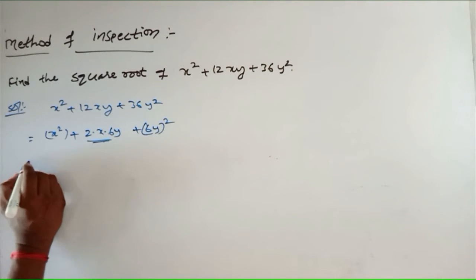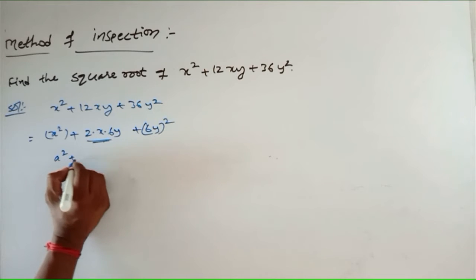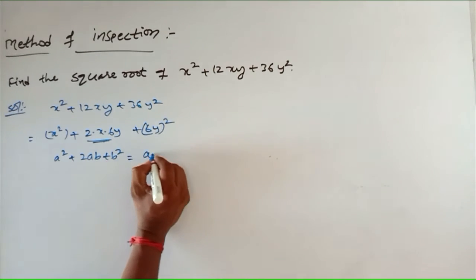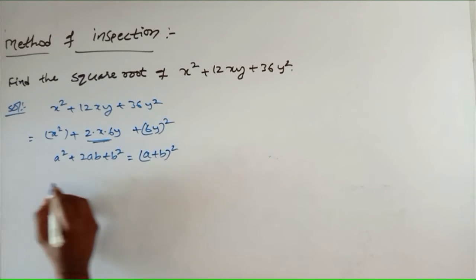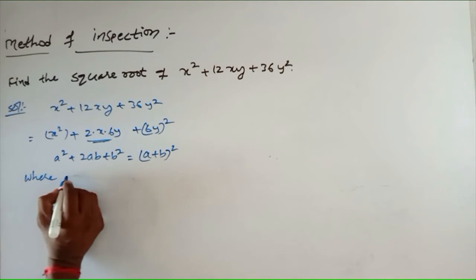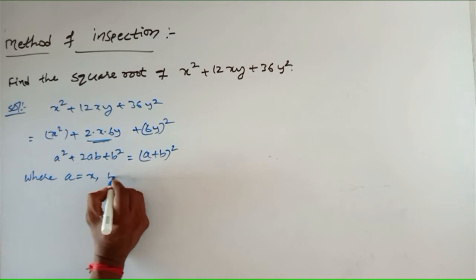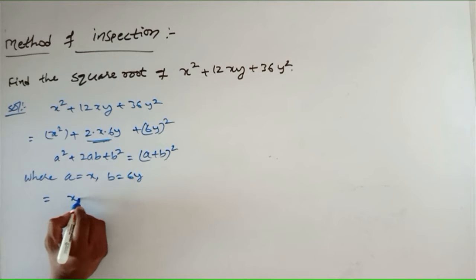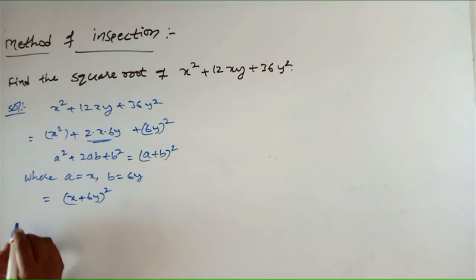Now it is in the form of a square plus 2ab plus b square, that's equal to a plus b whole square, where a equals x, b equals 6y. So that equals x plus 6y whole square. Now I am going to find the square root.